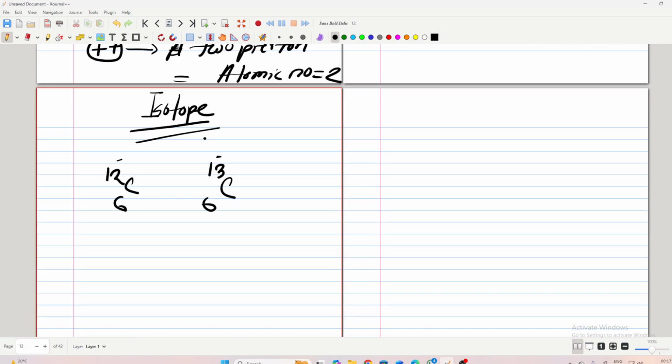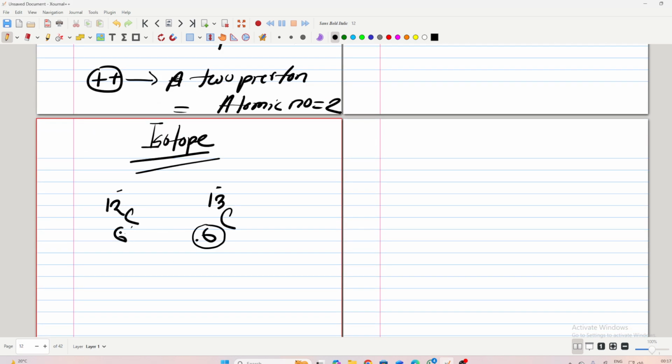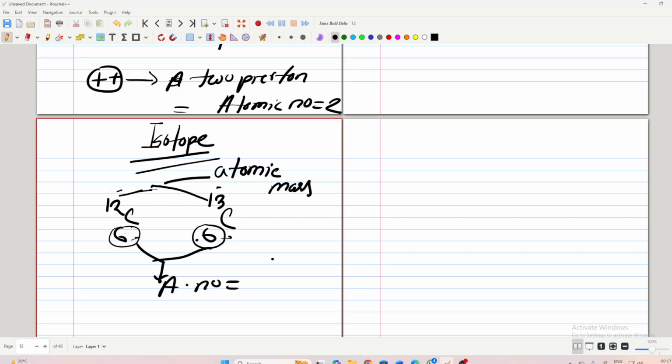Atomic number equals proton number, so both have 6 protons. Both carbons have the same number of protons.